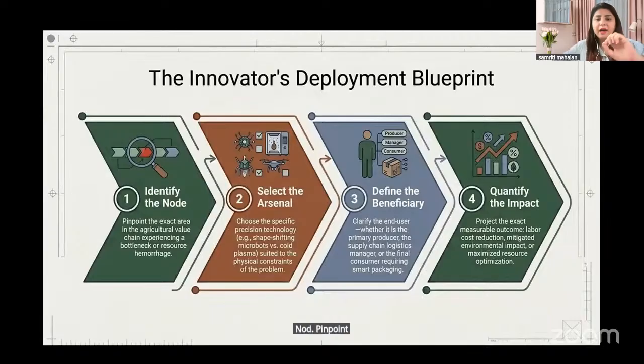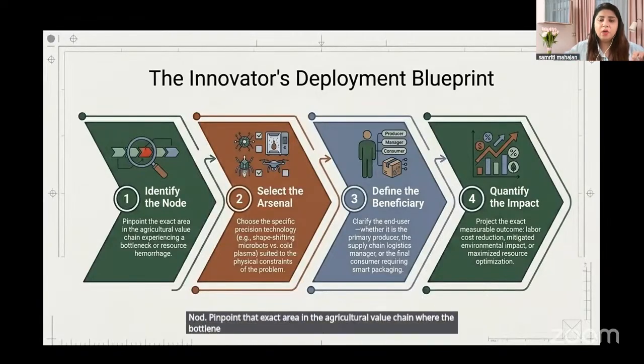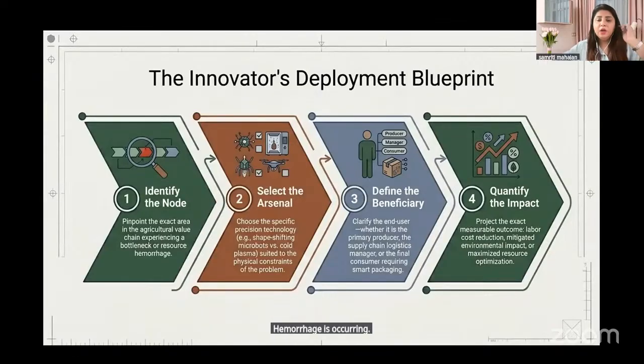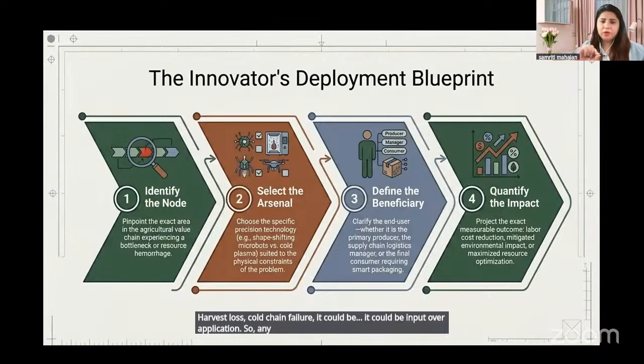Pinpoint that exact area in the agricultural value chain where the bottleneck or resource hemorrhage is occurring. Not a general problem, but a specific node we need to take. Harvest loss, cold chain failure, it could be input over-application. So any particular node we need to find out, right?